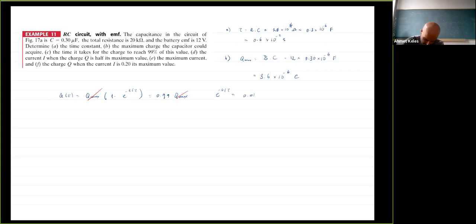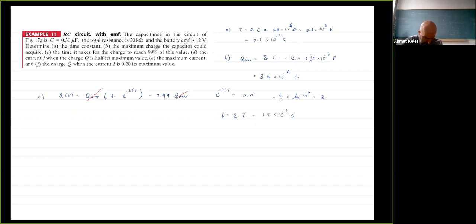Then t over tau is equal to ln of 10 to the minus 2, that's minus 2 times ln 10. Then t is going to be equal to about 4.6 times tau, so it's going to be equal to about 2.8 times 10 to the minus 2 seconds. Okay, this is A, B, C.